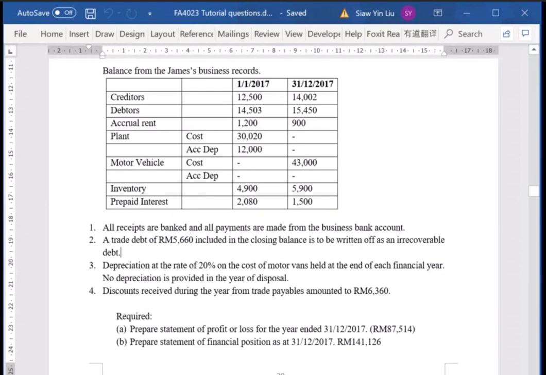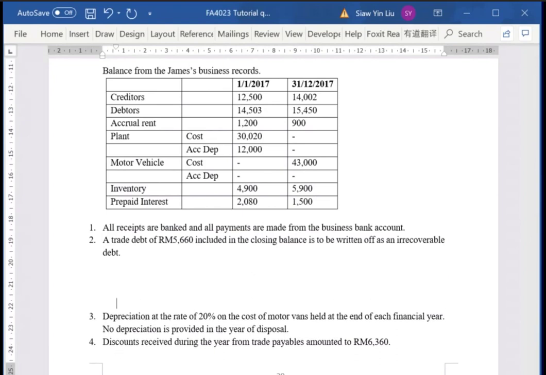So let's say we open a debtors account. If you open your debtors account, then you should be able to see that you will have a bad debt there. So from the first information here, you can see you have a bad debt.